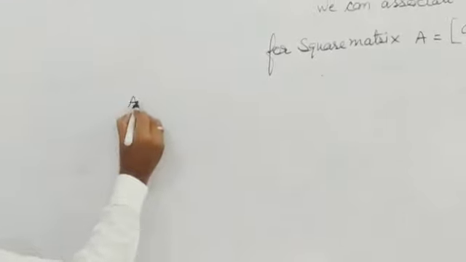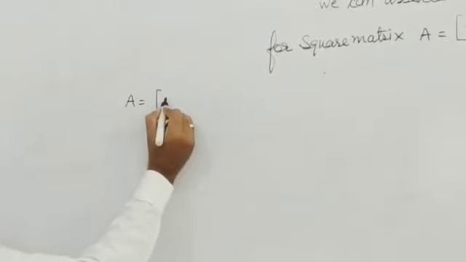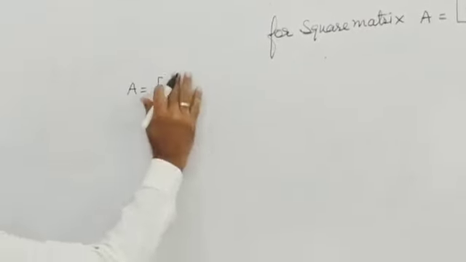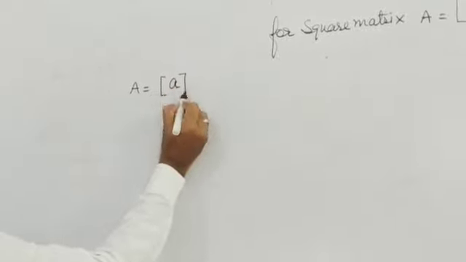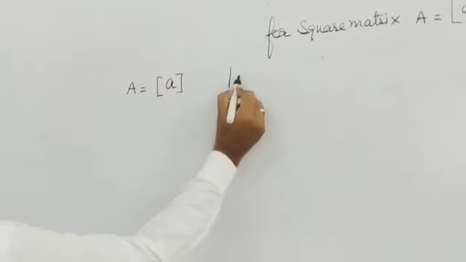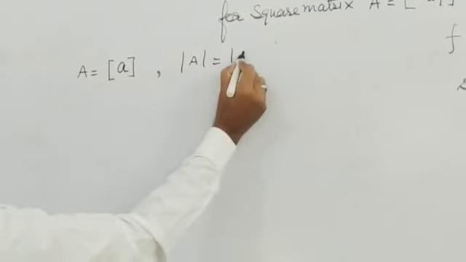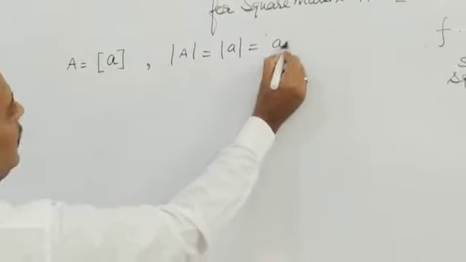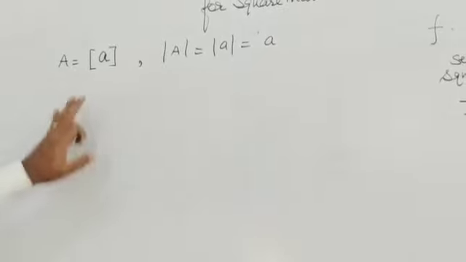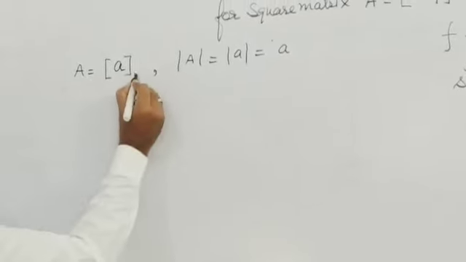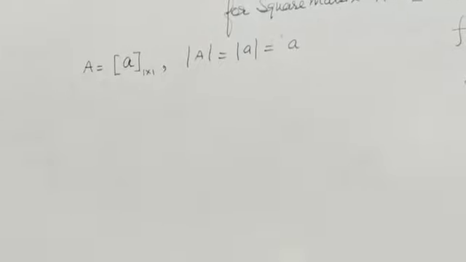Now just see, if A is a square matrix of one member only, then its determinant is denoted by this sign, and the answer will be the same member, as this is a square matrix of 1 cross 1 order.